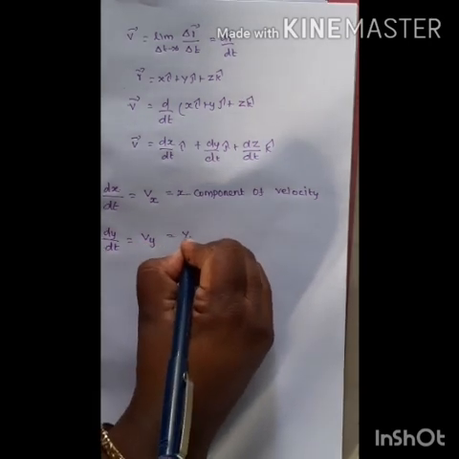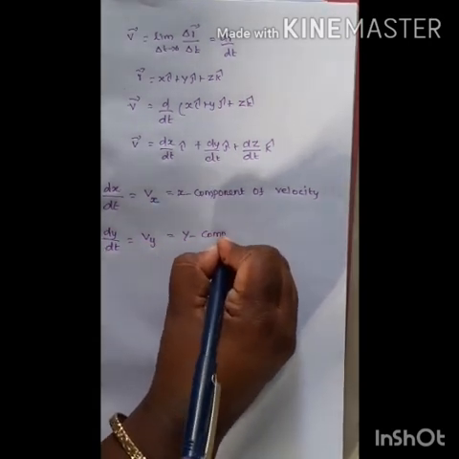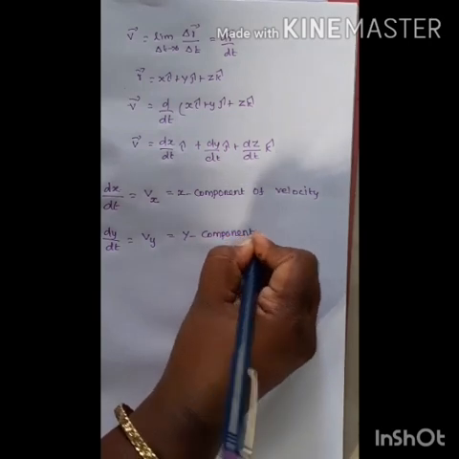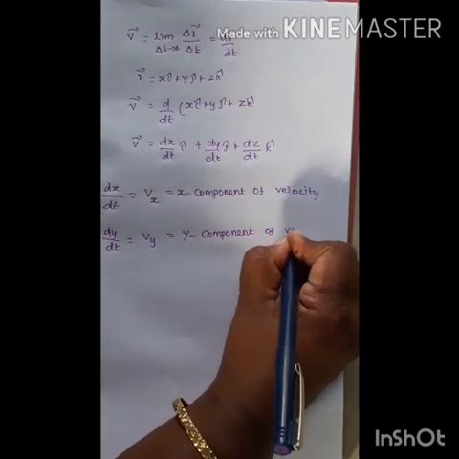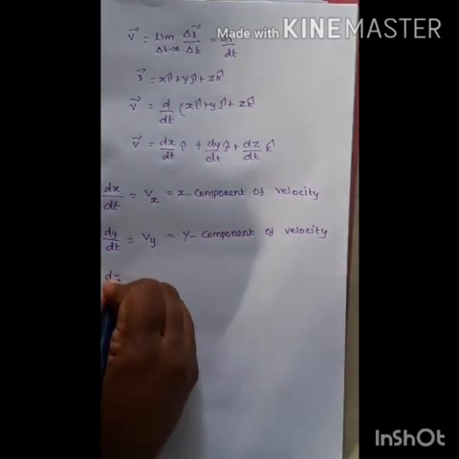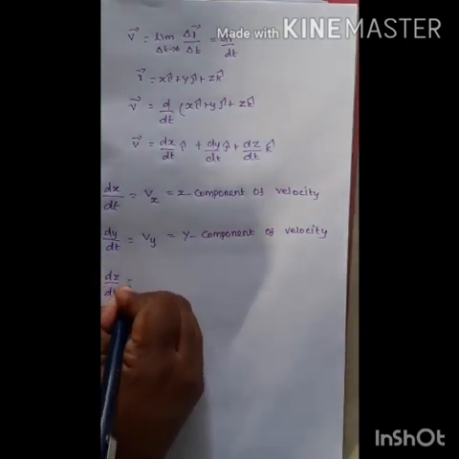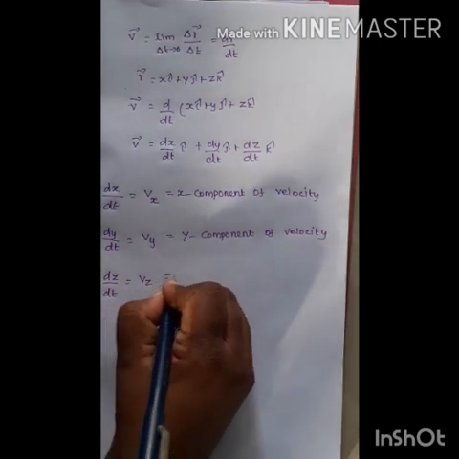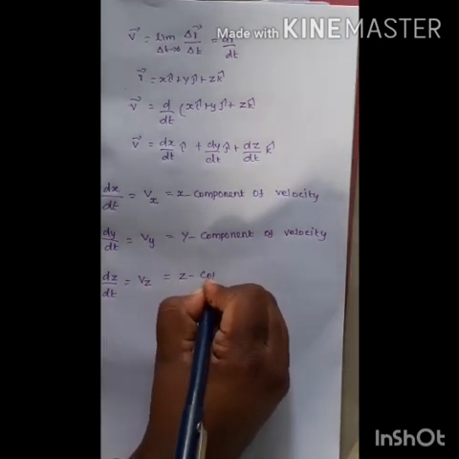This is the y component of velocity. dz by dt is equal to v of z. This is the z component of velocity.